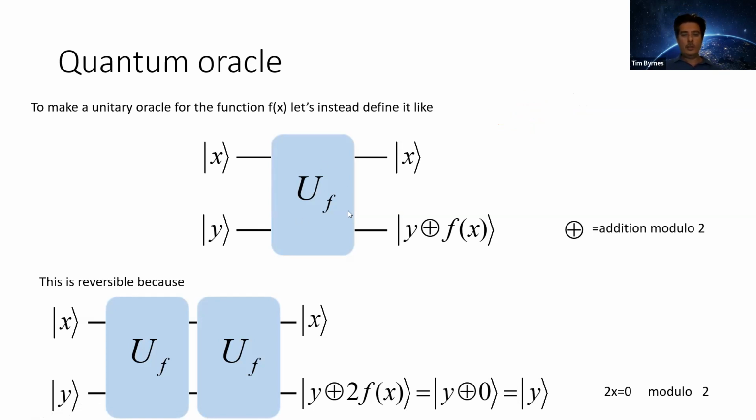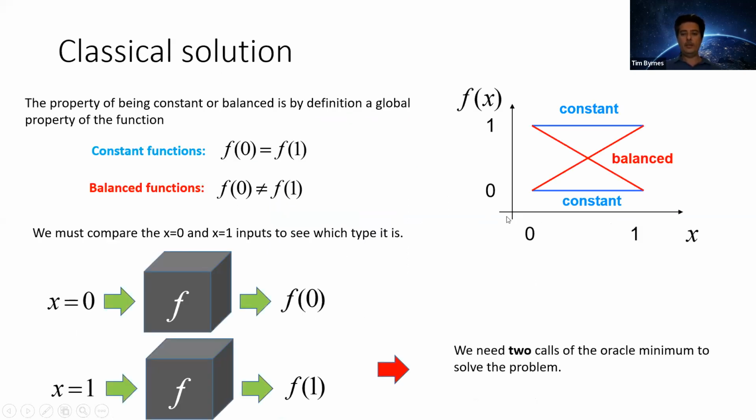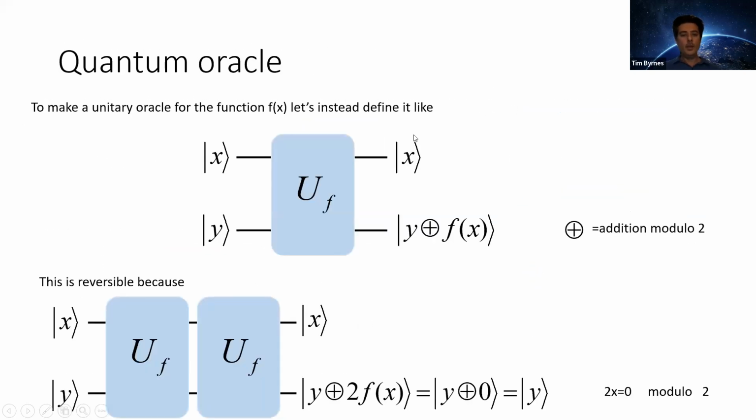So let's consider this box here. We've got this input box here, which is x, and this is going to be the input of the original oracle, so x is our input state, just like the argument of the function here. Now we're going to have an extra qubit here, y, and this is the thing that's going to allow us to make a unitary transformation.